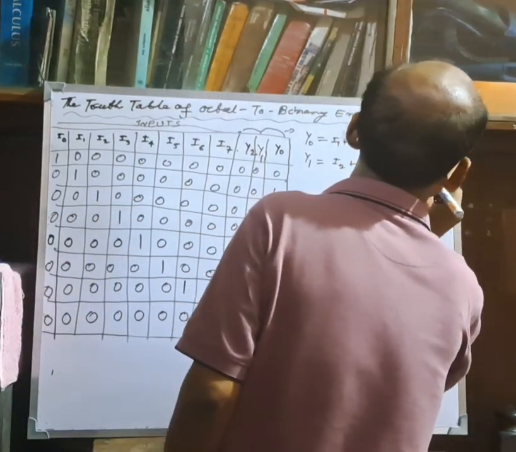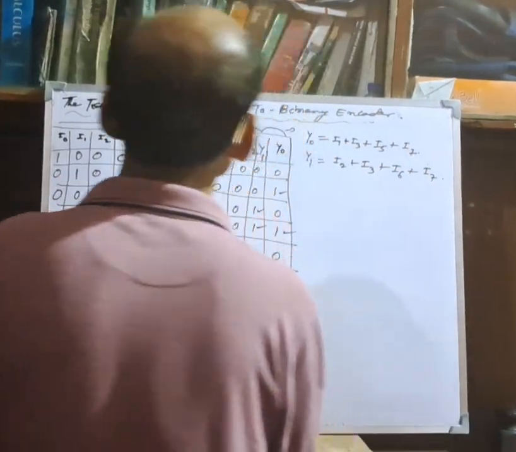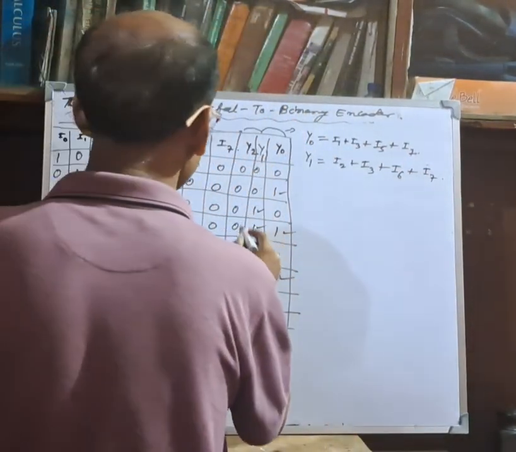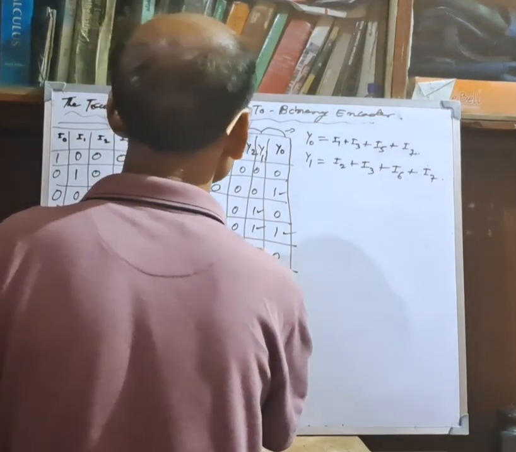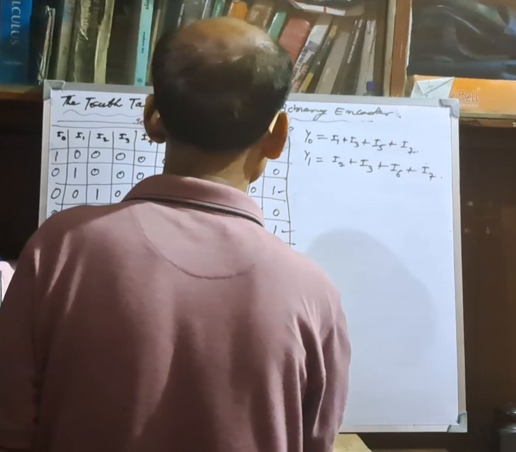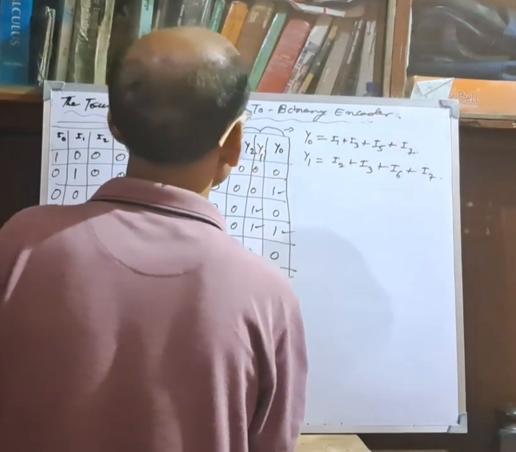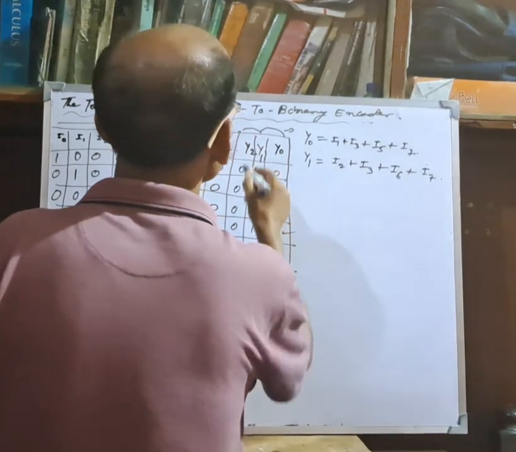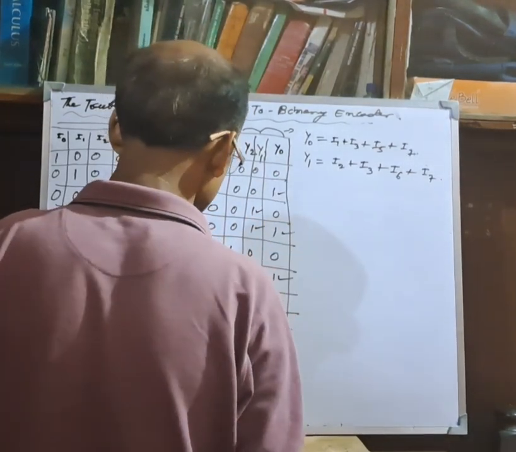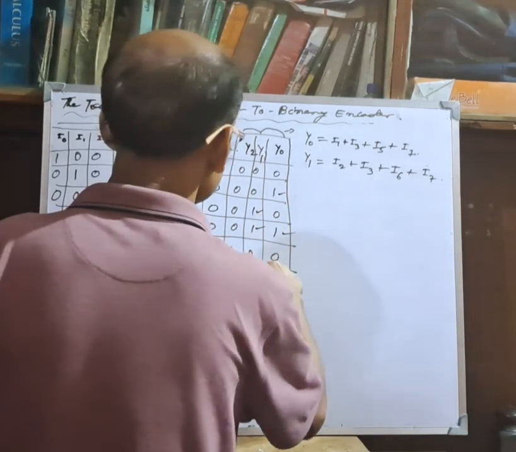You just see here. And finally, I will have to check Y0, Y1, Y2. If you will arrange this in this sequence, you will get 4 zeros, 4 1s, double 0, double 1, double 0, double 1.